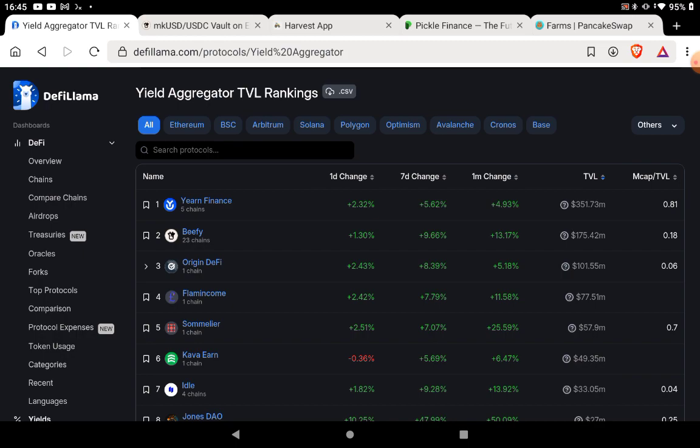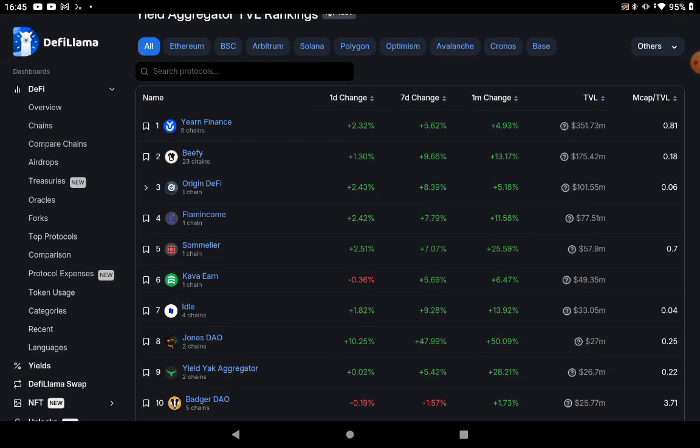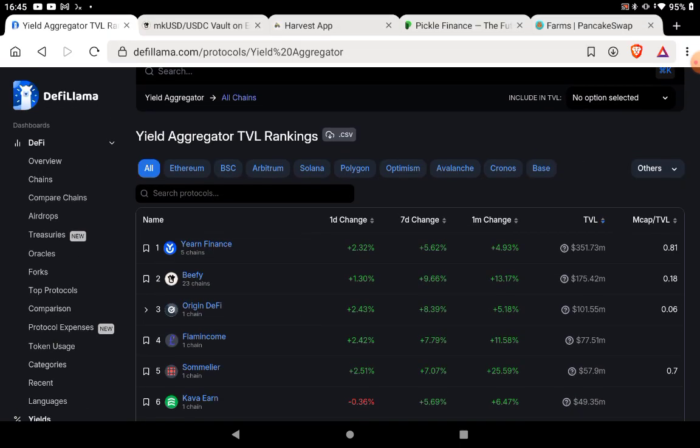So basically, this is what you should know about yield aggregators. How can you use them to your advantage? And there's a ton of them. I mean, just because you find some really good pool in one of them doesn't mean that there's not a better pool out there. But at the same time, you have to assess the risk. Is it another protocol that you never worked with? Is it battle tested? Is it a newer one on the market?